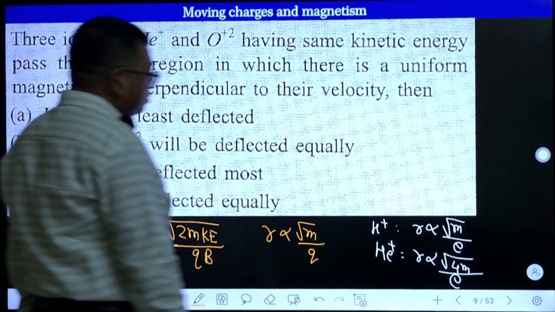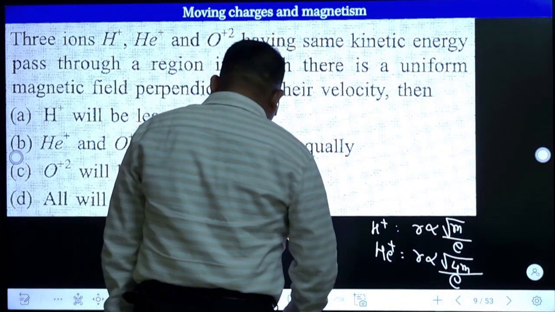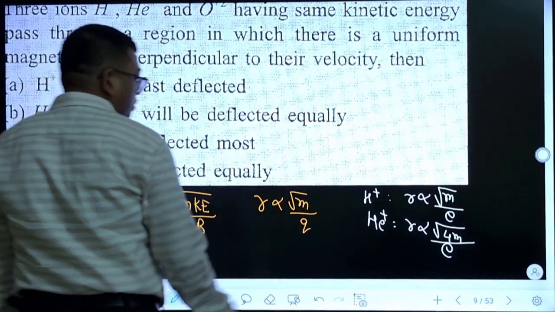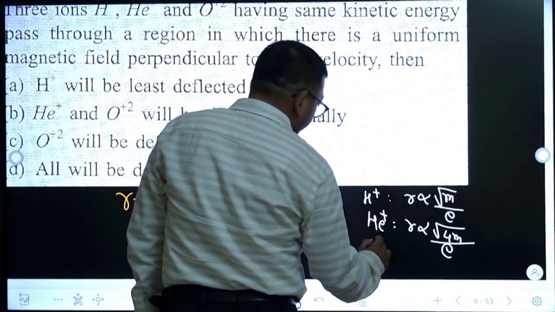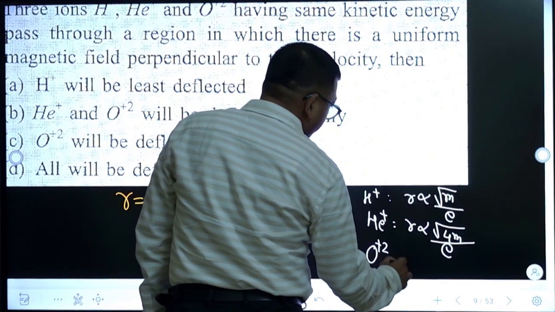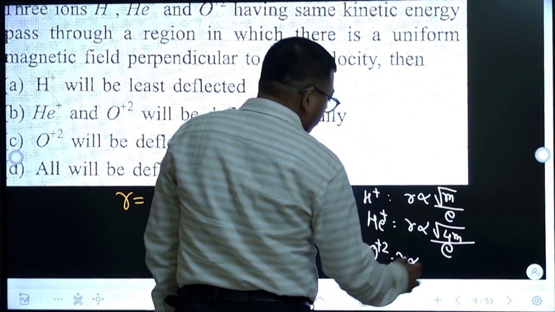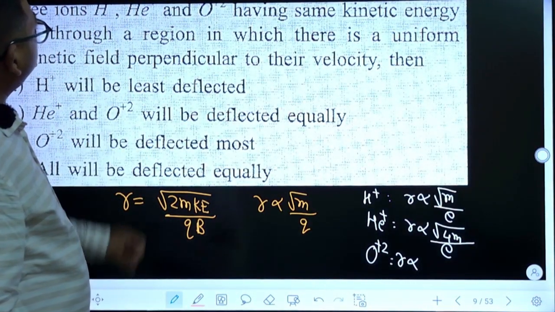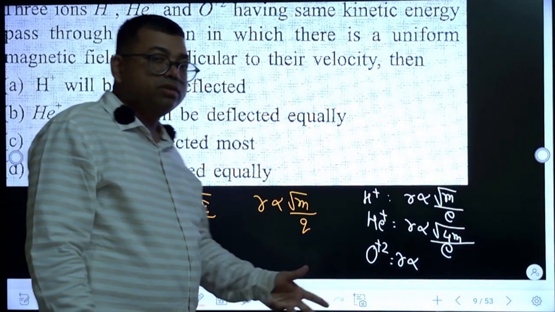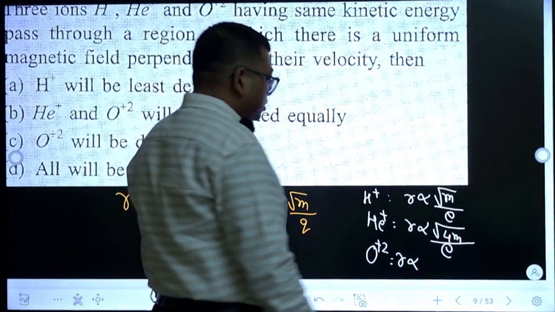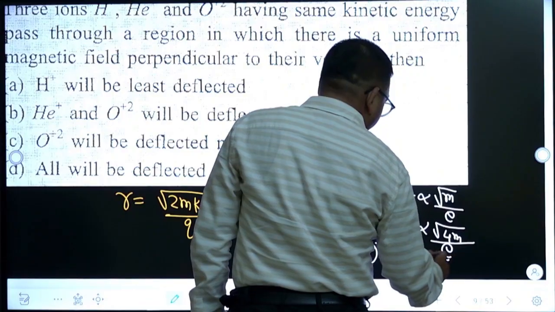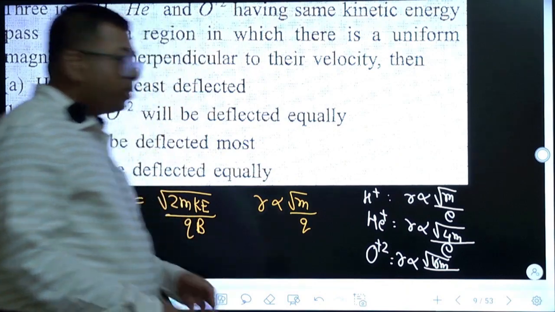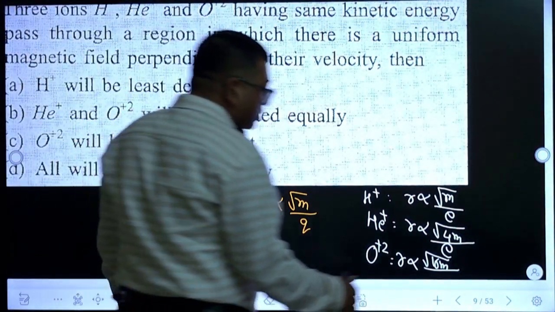Now oxygen plus 2. Again, try to calculate. Suppose I write oxygen plus 2. This radius is proportional to the root of mass by charge. How much will be the mass of oxygen? We can take 16, so it is 16m. And what is the charge? Plus 2 means 2 electronic charges will be there.